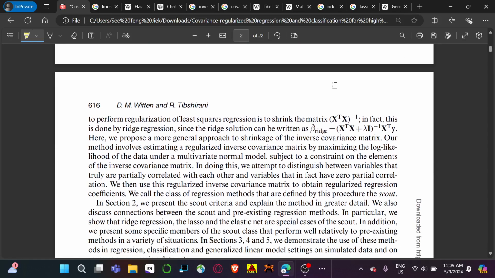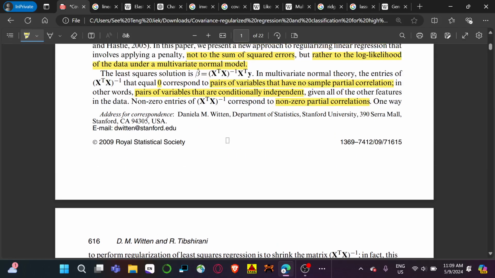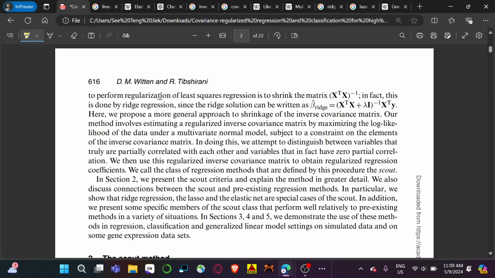All right. So one way to perform regularization of least square regression is to shrink the matrix. I would just call it the correlation matrix for convenience, right? In fact, this is done by ridge regression, since the solution can be written as beta hat ridge equals x transpose x plus lambda identity inverse x transpose y.